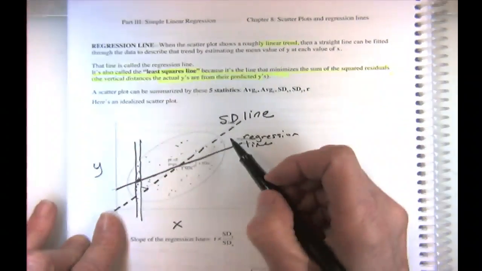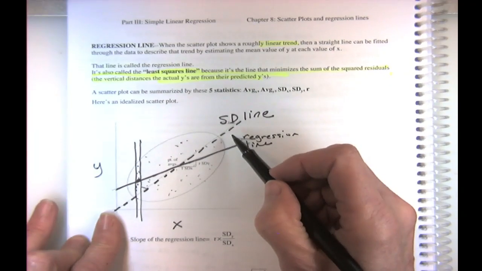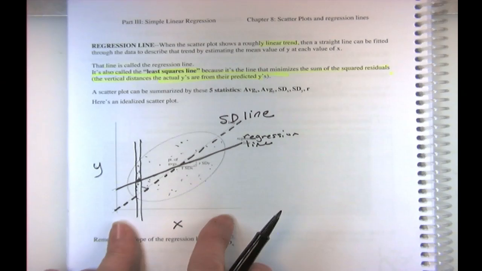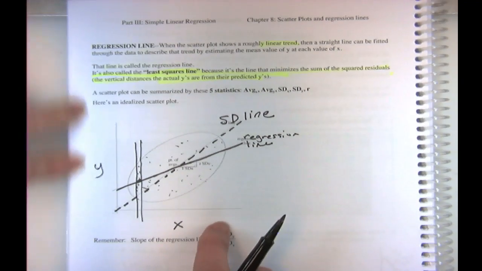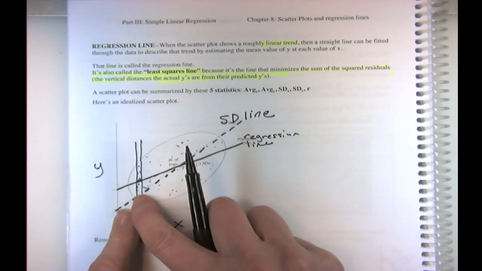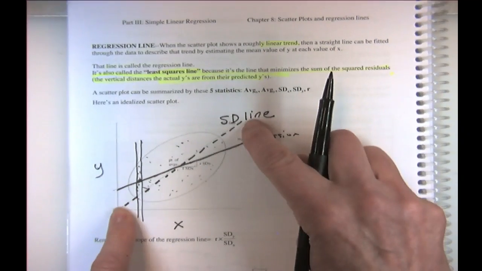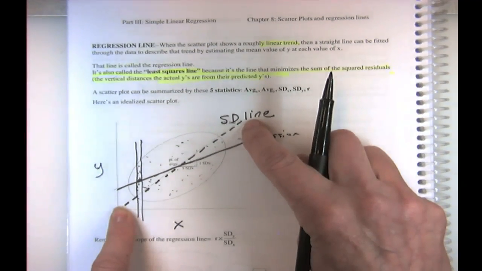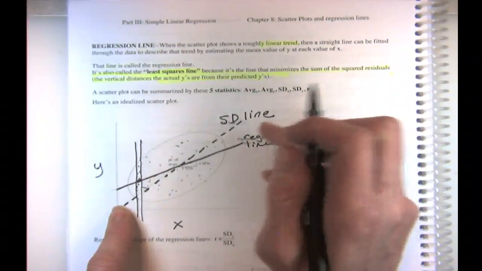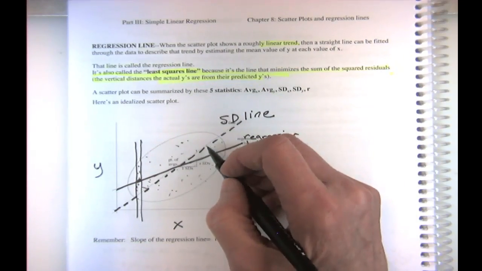That is the line where, if you translated all your x values into z-scores, into standard units, and all your y values into standard units, that would be the line where, if there was a perfect correlation, all the points would fall. In other words, it's the line where equal standard deviations equals z-scores.